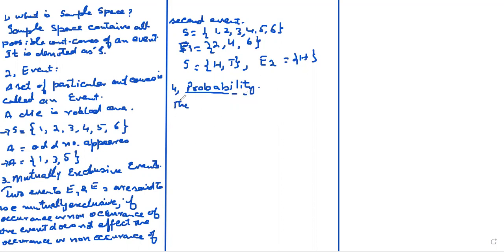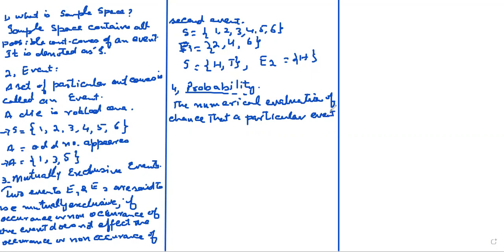The numerical evaluation of chance that a particular event occurs is called probability. Simple, right?